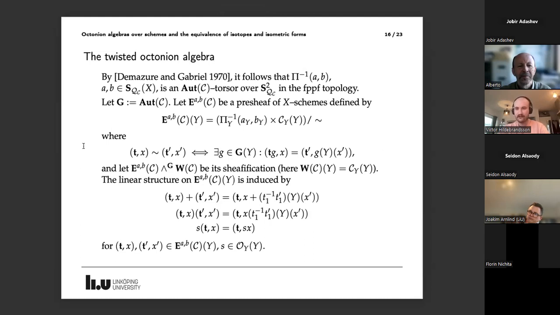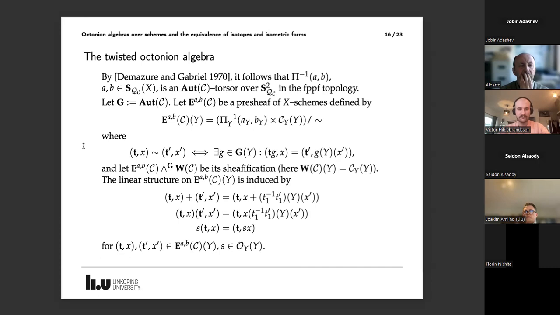And from this theorem, it follows that the inverse of this pi is an automorphism group scheme torsor over our pair of Octonion spheres in the fppf topology.